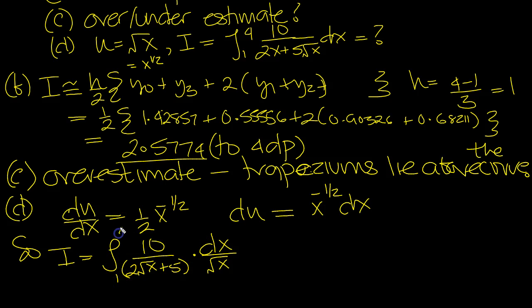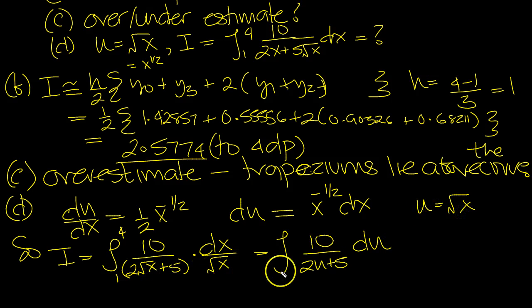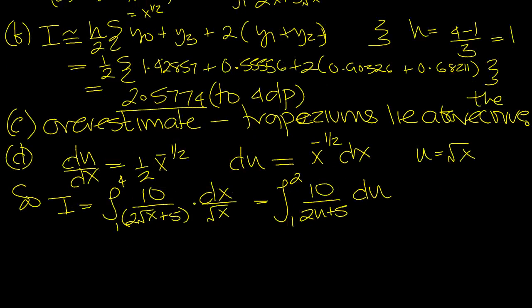It's between 1 and 4. So it's 10 over 2u plus 5, isn't it, with the substitution? dx over root x is just du. When x is 1, u is equal to root x, wasn't it? So u will be 1. And then when x is 4, u is 2. There we are. Let's do those two values.